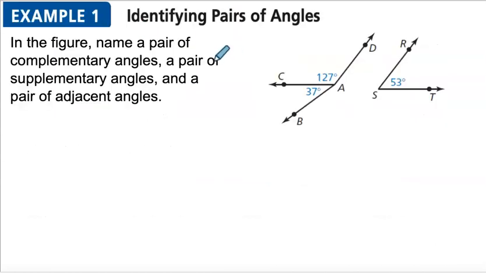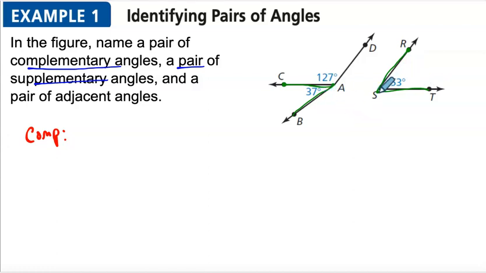All right, so let's figure out a couple pieces here. It says, in each figure, name a pair of complementary angles, a pair of supplementary angles, and a pair of adjacent angles. So let's go with complementary first. Two angles here that make 90 degrees. I'm going to highlight angle CAB, which is 37, and angle RST, which is 53.